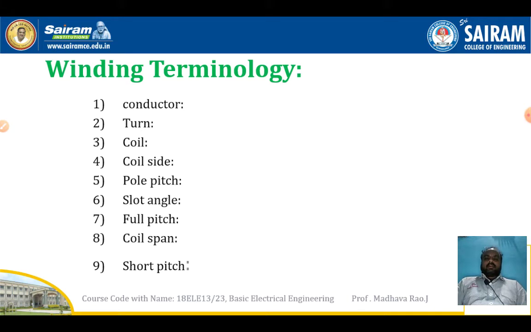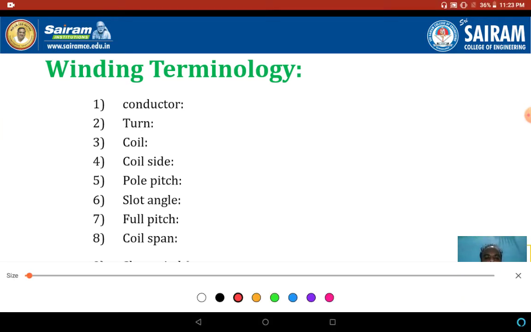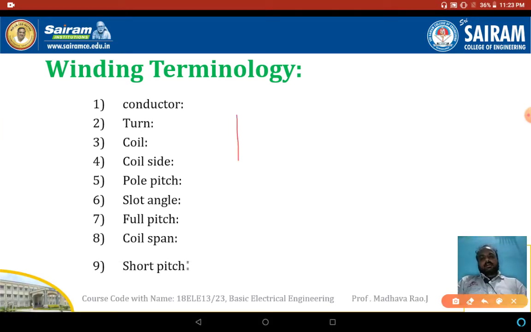Next, what is meant by turn? If you join two conductors together, that is called a turn. Next one, coil.